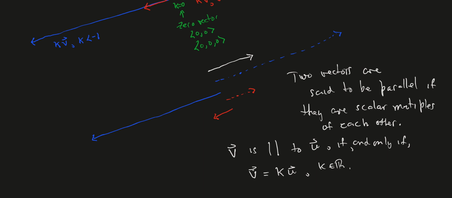So if one vector can be expressed as a scalar multiple of another vector, then those two vectors are said to be parallel.